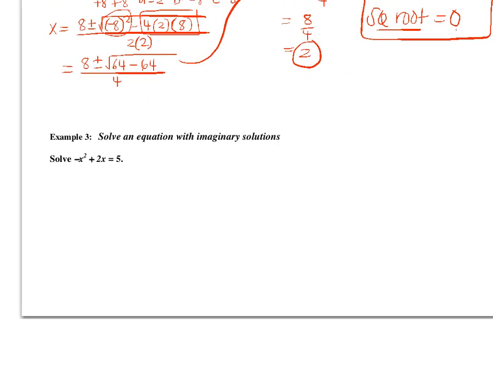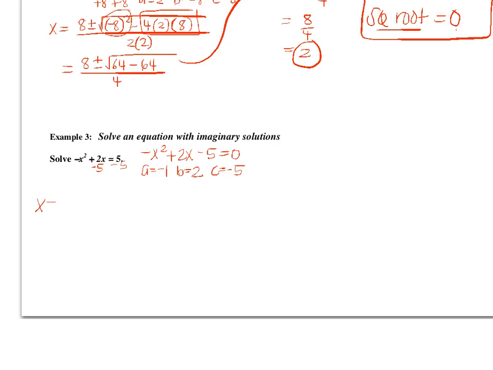I'm again going to make this equal to 0, so I'm going to move the 5 over. So I have negative x squared plus 2x minus 5 equals 0. So a is negative 1, b is 2, and c is negative 5.